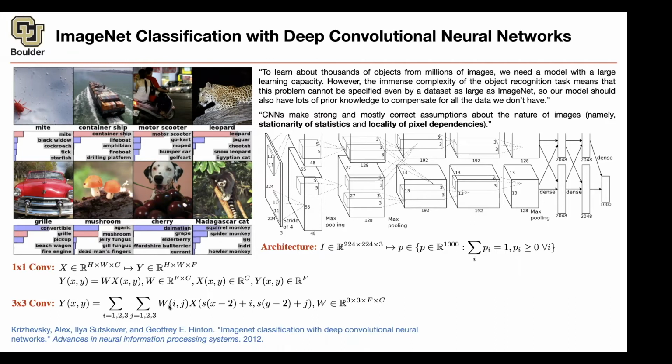You can multiply it by a matrix to change the dimension from C to F. For instance, from 48 to 128, you can just multiply it by a matrix. But then you have to do it 9 times because you have 9 pixels around a single pixel. The one on the left, the one on the right, the one immediately on top of it, the one below it, the one to the top left corner, and so on. You get the idea. There are 9 of them. All of them are vectors, and you have 9 matrices. For 1-by-1 convolution, you had only 1 matrix. Here you have 9 matrices. And that's going to give you a 3-by-3 convolution. And that's the main operation that's helping you jump from one layer to the other layer.